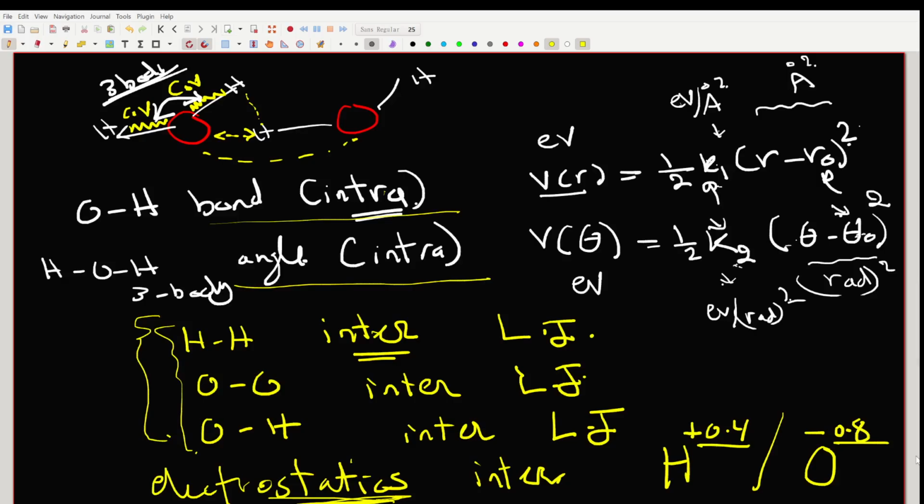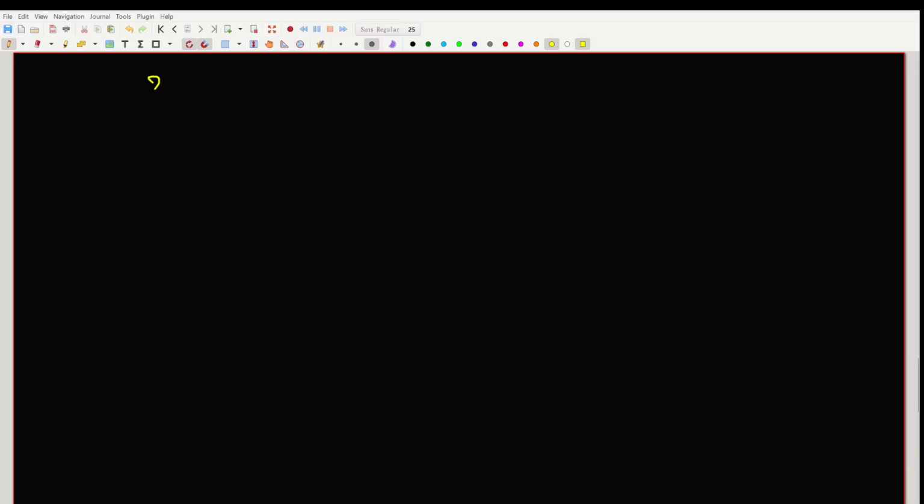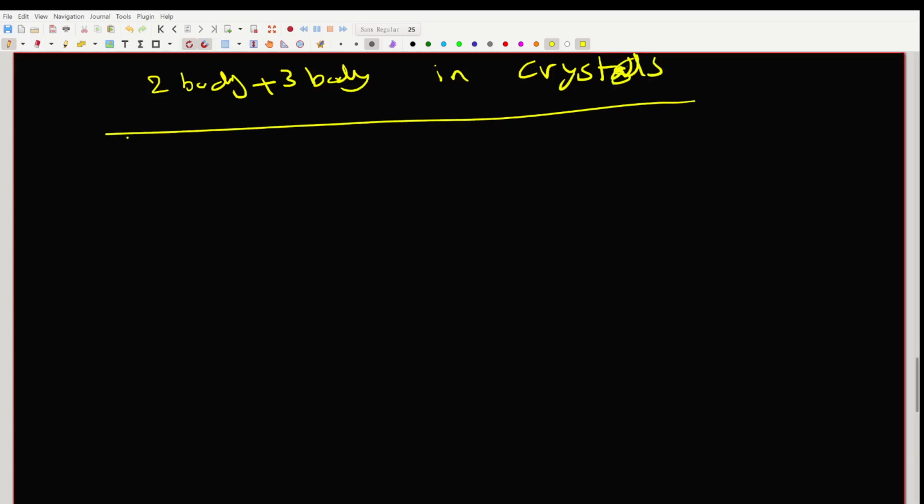So let's open another page. Two-body and three-body terms in solid state crystals. Again, if you have a covalent bond among three atoms connected together, maintaining a certain characteristic angle in space, then you need the three-body term.